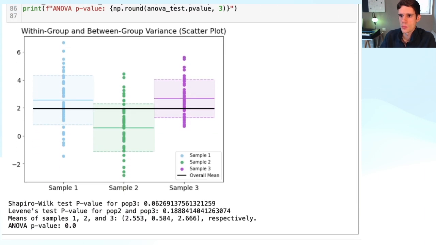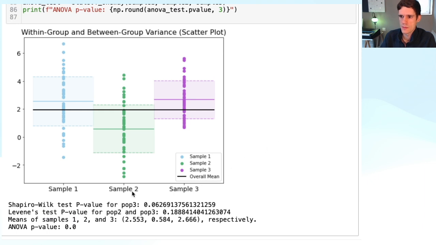and we look at our print statements, then we see the following. We see that even though our population 3 was a Rayleigh distribution, still the Shapiro-Wilk test gives us a result that population 3 is indeed normal enough, if you can say it like that.